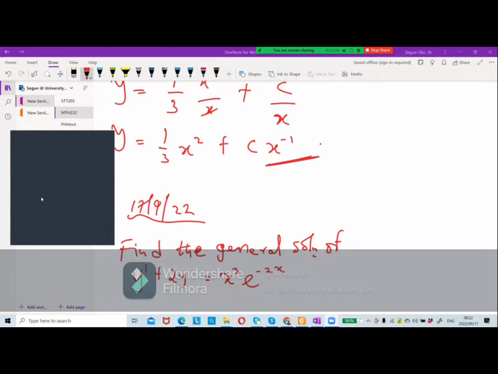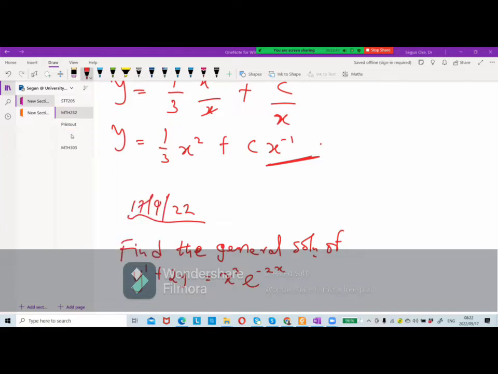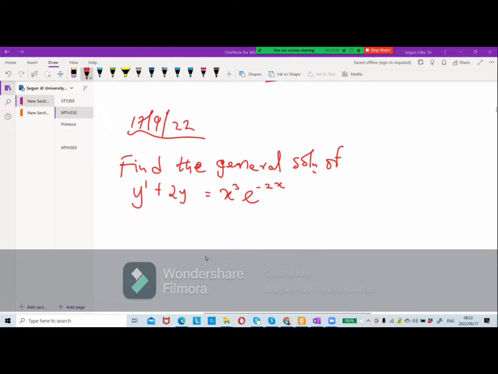So in this case, we have an equation of this nature.